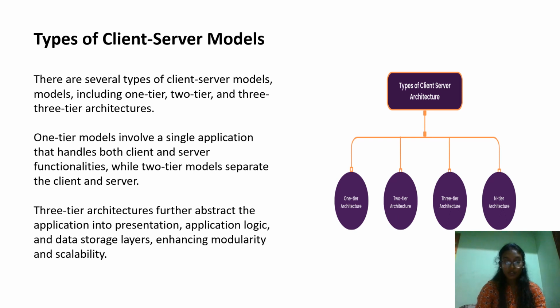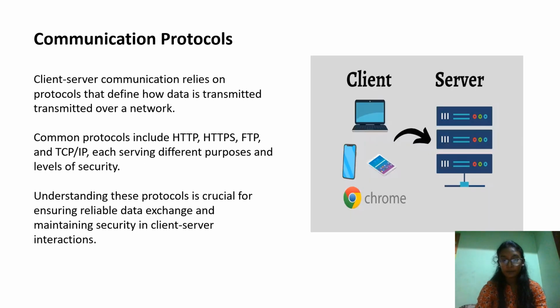Three tier architecture further abstracts the application into presentation, application logic and data storage layers, enhancing modularity and scalability. So as we see, the types of client server architecture are one tier, two tier, three tier and n tier architectures.